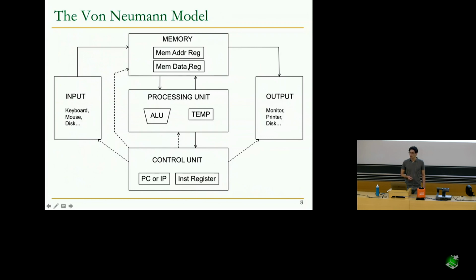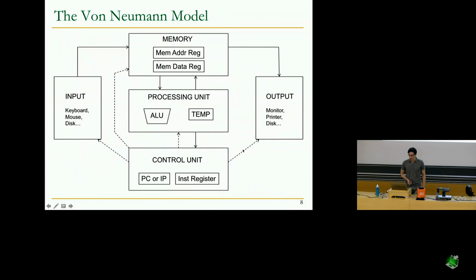Some of the arrows are solid. When you see a solid arrow in this picture, this means that these are lines to send data or to move data from one element to the other. For example, from the memory to the processing unit, we need to move data, and from the processing unit to the memory, we will also have to move data.